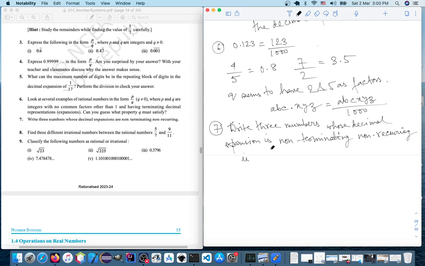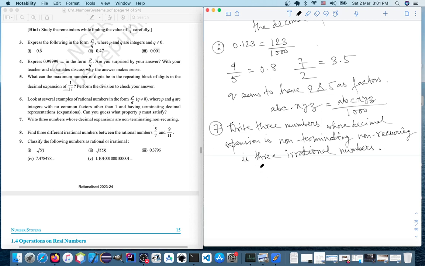That is, 3 irrational numbers. It is basically asking to write 3 numbers whose decimal expansion is non-terminating as well as non-recurring, which means after a decimal point we will have an infinite number of digits and there will be no repeating block of digits. So we can arbitrarily write such numbers.